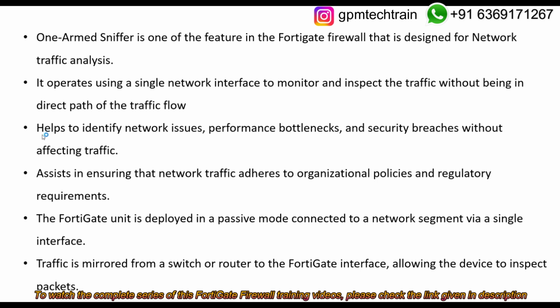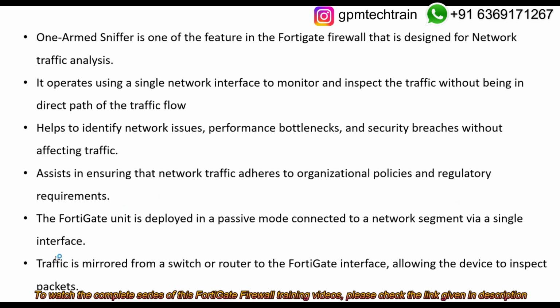As said, it helps to identify network issues, performance bottlenecks, and security breaches without affecting the traffic. The reason it's not affecting the traffic is that it's just monitoring it and not taking action based on rules. It assists in ensuring that the network traffic adheres to organizational policies and regulatory requirements.